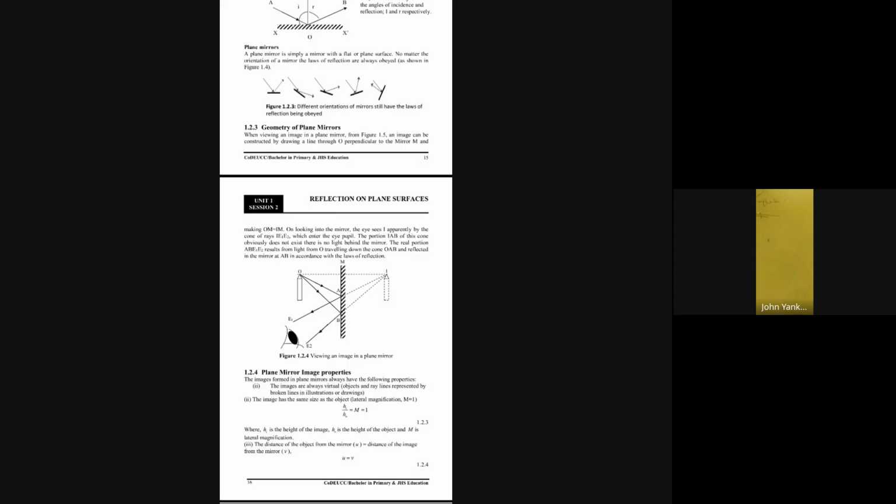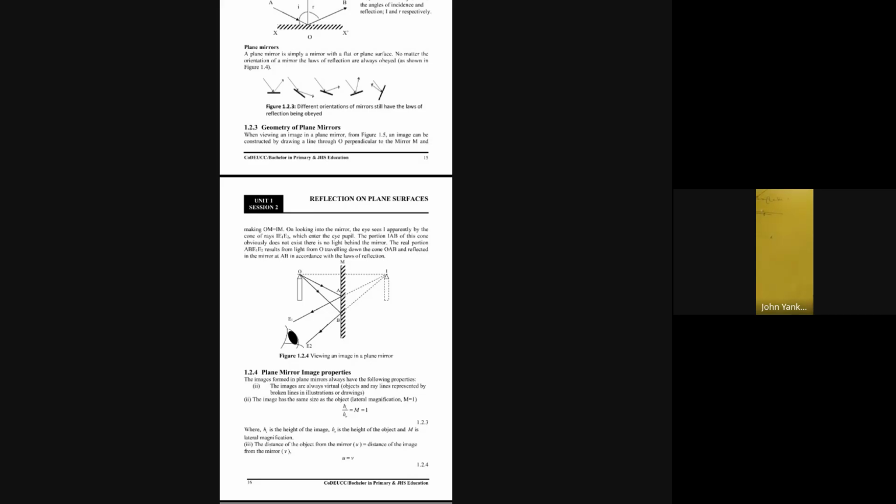So there will be two reflections. One from the source of light to your body. Your body reflects the light towards the mirror, and the mirror reflects it back towards your eye, and you see your image in the mirror. So two reflections cause your image to be formed in the mirror.